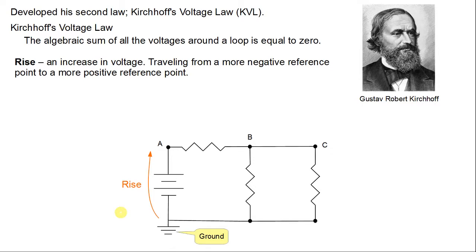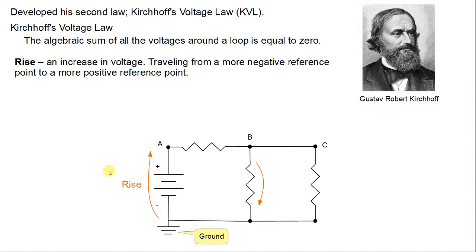In this case, we're literally traveling from ground zero, the ground, up to whatever potential that battery is bringing us up to. And when we do that, we show the more negative side with a negative symbol and the more positive side with a positive symbol. We're used to that as far as batteries go, but we're also going to use it in other portions of the circuit as well.